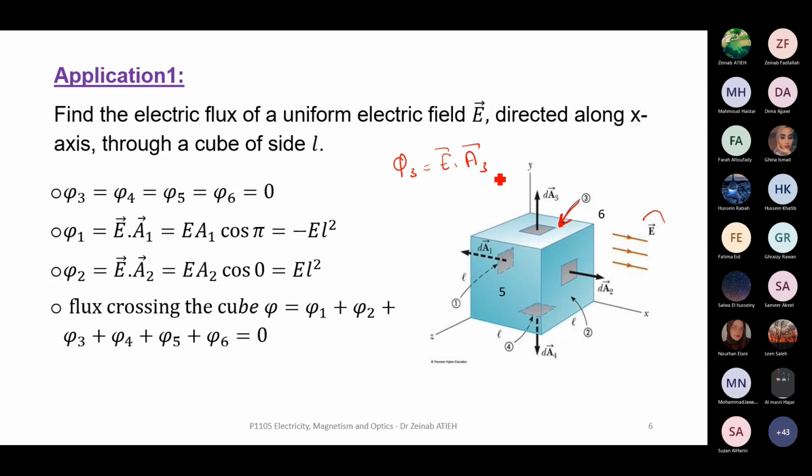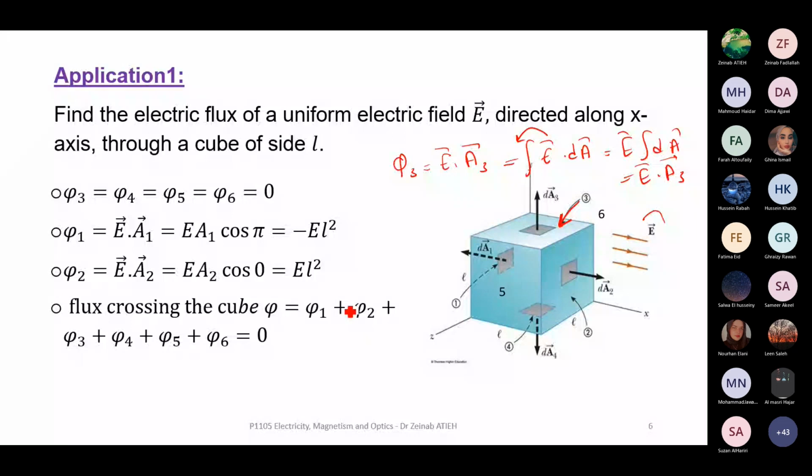I can use this method because the surface is flat and E is uniform. Also I can use the integral of E dot dA. It's also true. Why? Because if E is constant, E goes outside the integral, so you will get the same formula E dot A. So you can use both of them if the surface is flat.